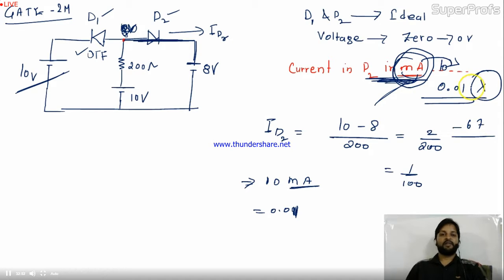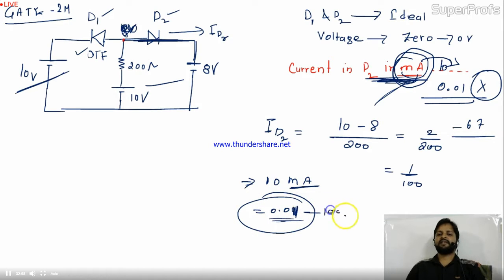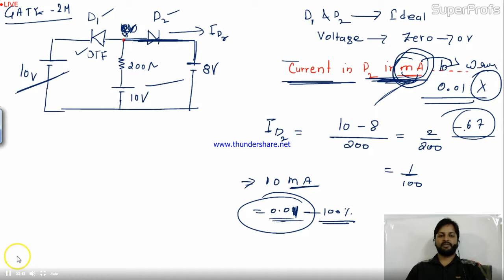Otherwise, what will happen? You solve the circuit and you get the right answer, absolutely 100% right. But while answering, in terms of what they are asking, you reply wrongly, and because of this you lose your marks. Okay. So this is the third numerical of the day.